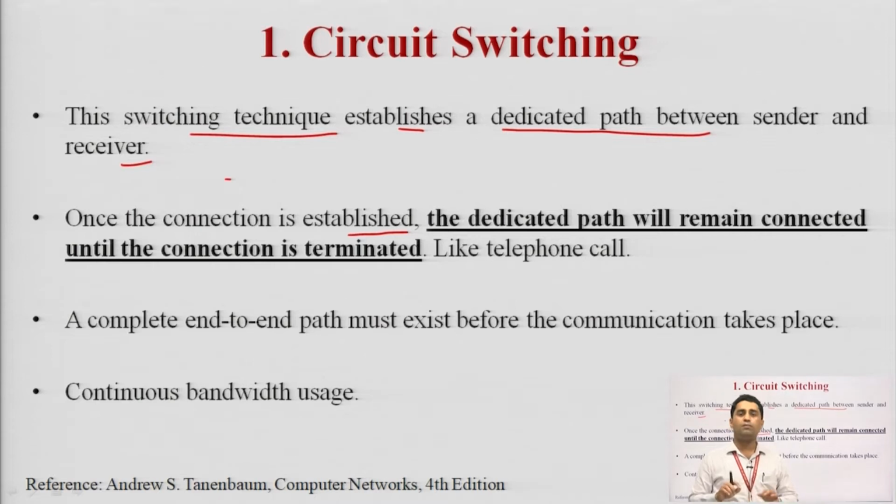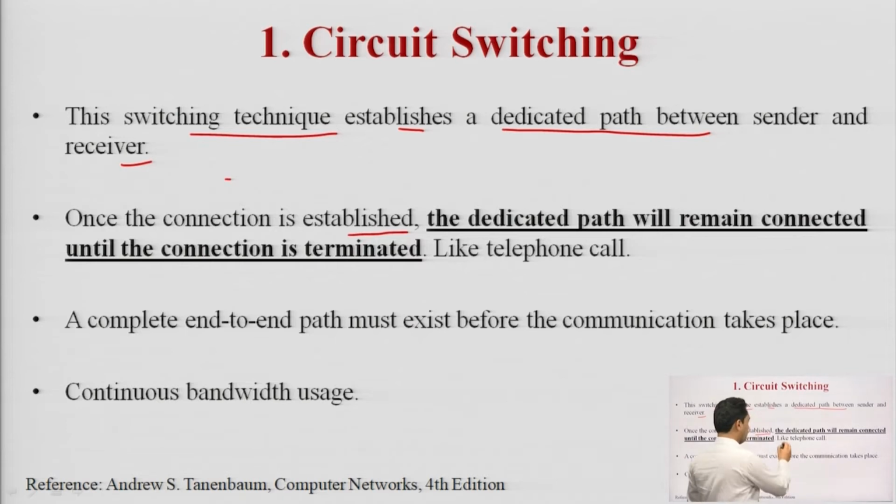In between, for example, due to a network problem, if the call disconnects, we call again to the particular friend and say, yes, I was discussing this thing. That means we are trying to reconnect the network and make the circuit again. This is how circuit switching works.